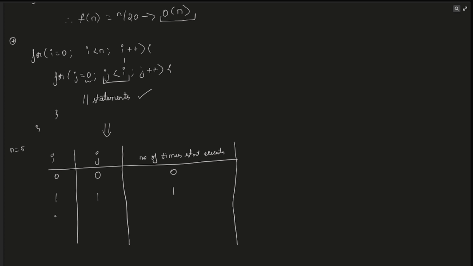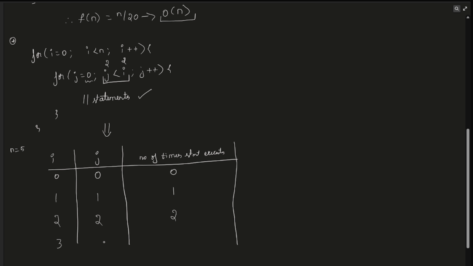i gets incremented to 2 now and the j loop again goes from 0, but for the third iteration j will be 2 and i is now 2. Is 2 less than 2? No. So the for loop breaks. The j loop gets executed 2 times and the statements inside the j loop will also execute 2 times.